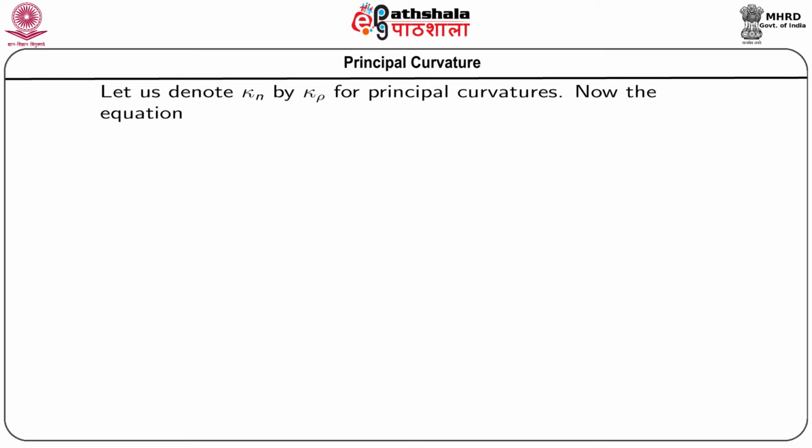Now, let us denote kappa n by kappa p or rho, whatever we can say, for principal curvatures.